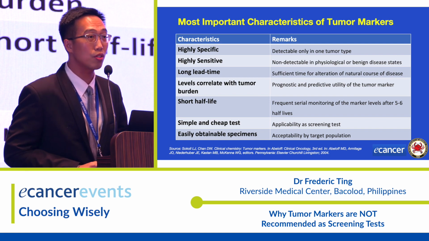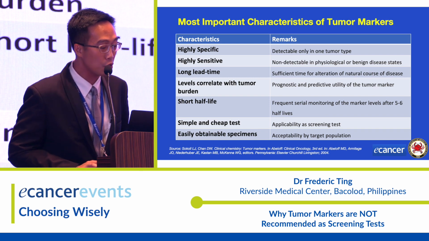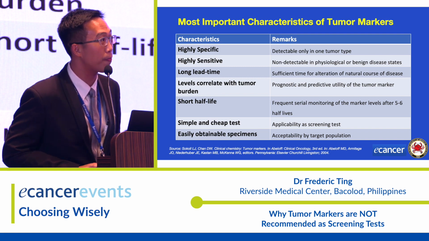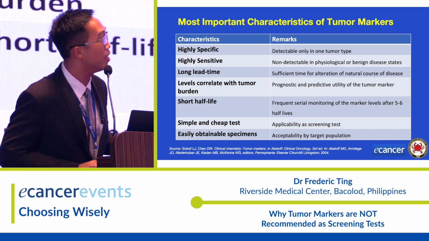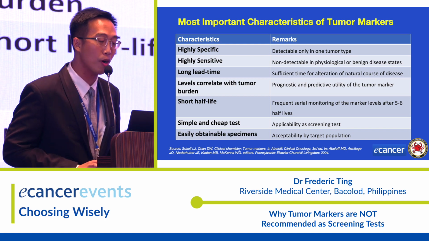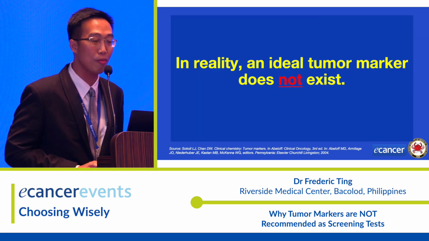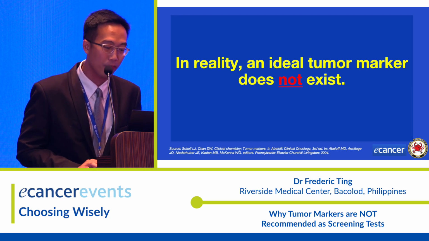The levels should ideally correlate with tumor burden. It should have a short half-life. It should be simple and cheap, and the specimens should be easily obtainable. But unfortunately, in reality, an ideal tumor marker does not exist, for reasons that we will be discussing later.